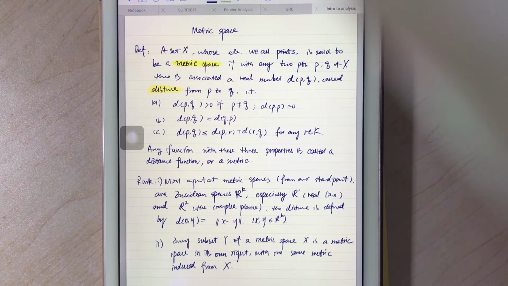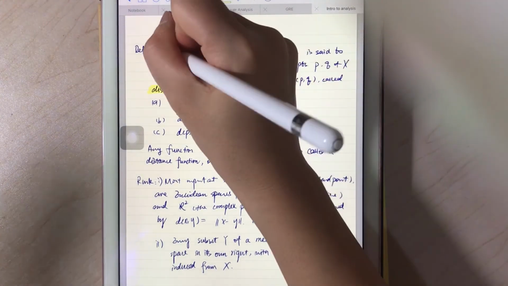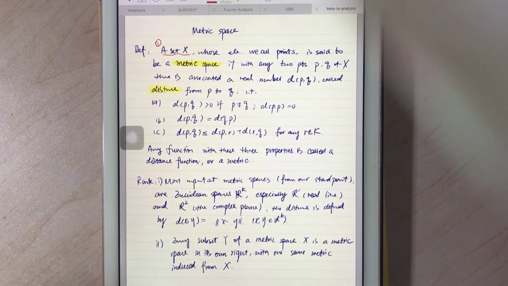A set is said to be a metric space if we have a distance function. So to be a metric space, you need firstly a set. And secondly, for any two points P, Q of X there is associated a real number, the distance of P, Q, so we have some kind of distance. The point is how are we going to define the distance?